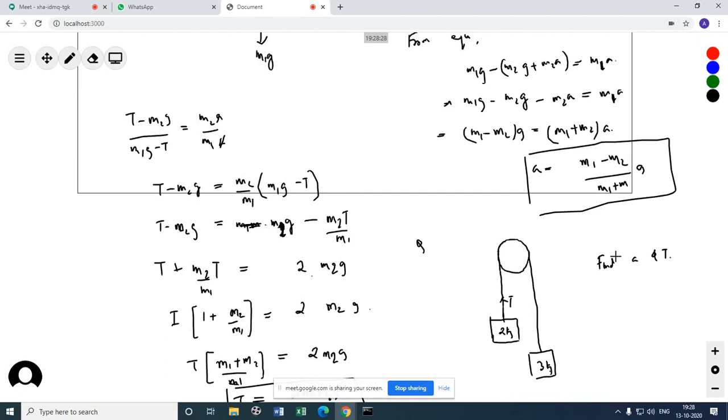Done. So tension is 20 Newton. What about Avi? Sir, I got the acceleration 1 by 5 meter per second square and the tension was 24. So I took G as 10. Okay, take G as 10.